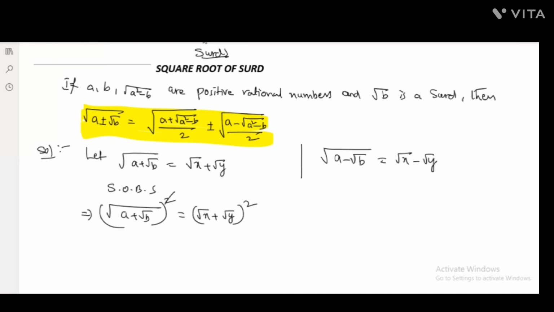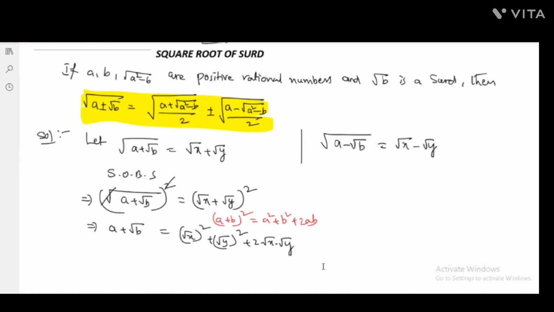Here square and square root get cancelled. On the left hand side we will get a plus root b, and on the right hand side I will apply the a plus b whole square formula. So a plus b whole square is a square plus b square plus 2ab. According to that, we can write root x whole square plus root y whole square plus 2 into root x into root y.